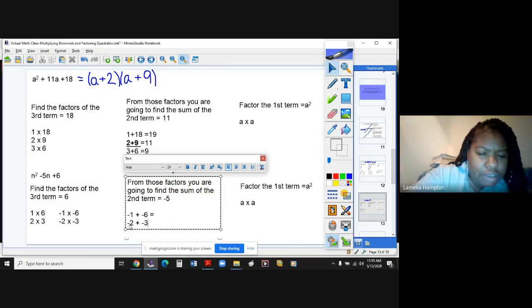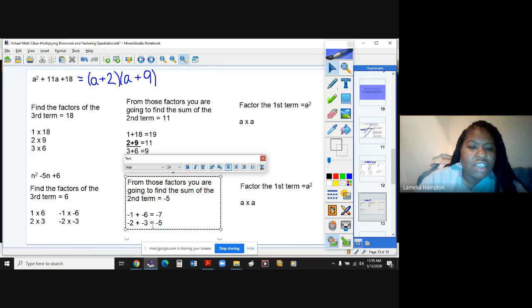So my answer here would be -7. Remember, when we're adding integers, if they have the same sign, it takes that sign. So -1 plus -6 gives us -7. And then we have our -2 plus -3, and that gives us -5.